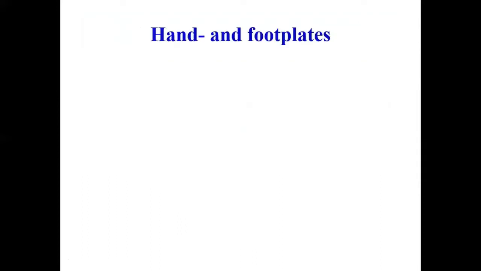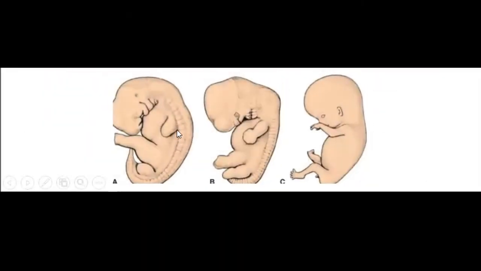The third point is the formation of hand and foot plates. Here we see the limb buds, upper and lower. Here we see that the limb bud distally forms the hand plate and foot plate by a constriction. This is the first constriction that appears in the limb bud for the formation of the hand plate and foot plate.